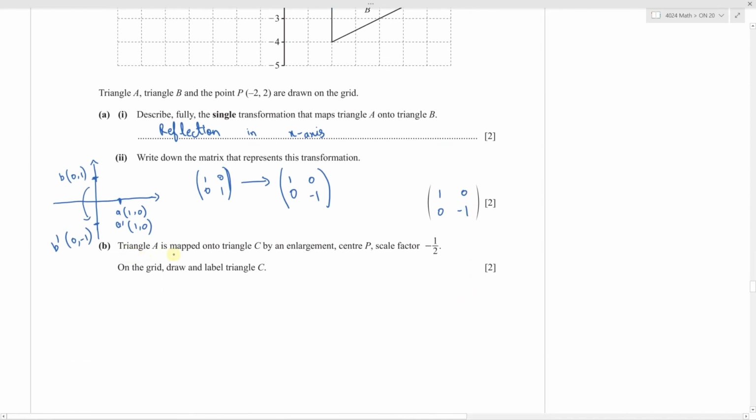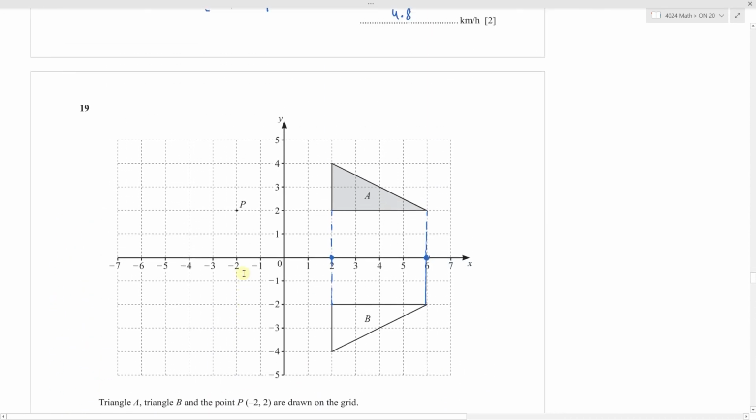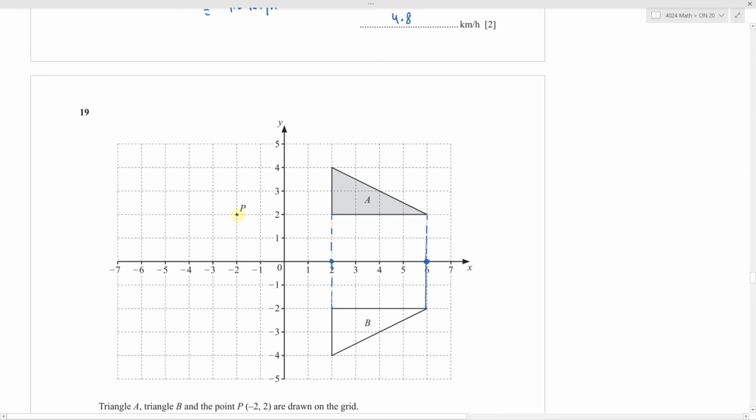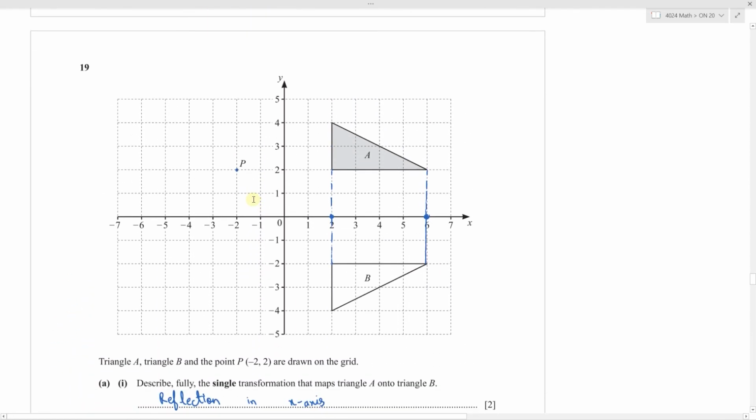Part B is triangle A is mapped onto triangle C by an enlargement, center P and scale factor -1/2. On the grid, draw and label triangle C. So you're doing an enlargement, scale factor -1/2, and your center of enlargement is point P here, and you're doing the enlargement on triangle A. So to do the enlargement, I will join each vertex of triangle A to my center of enlargement, like this.